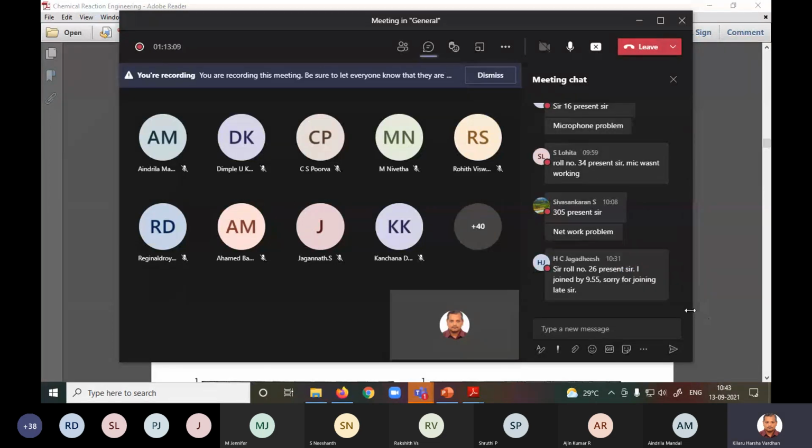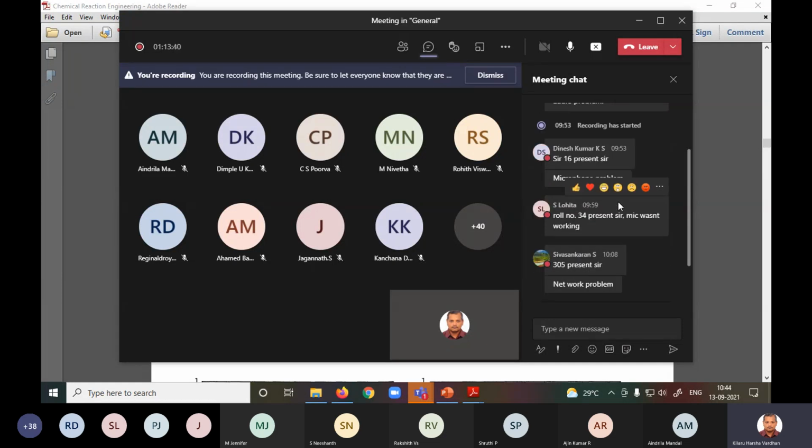26 is present. One second, I already gave the attendance there. How to mark your presence? 26 is present. Okay, good. Then anyone else present? 305 also present. Okay. Anyone else, ma'am? Here I am seeing the chat. 34 is also present. 34 already. Yeah, 34 is present. 16 is present. That's what you are putting in the chats.